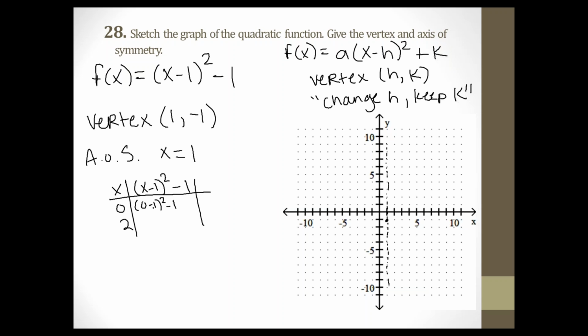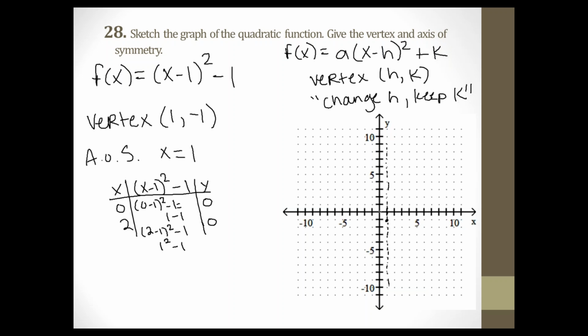That's negative 1 squared, which is 1. 1 minus 1 is 0. These are my y values. And then I have 2 minus 1 squared minus 1. 2 minus 1 is 1 squared minus 1, so that equals 0 as well.